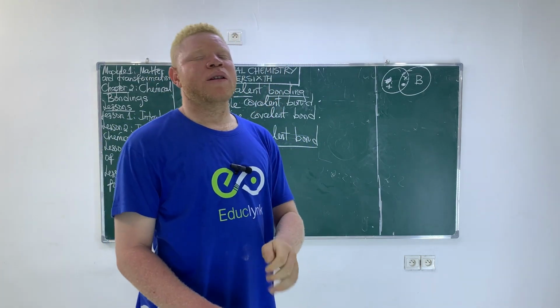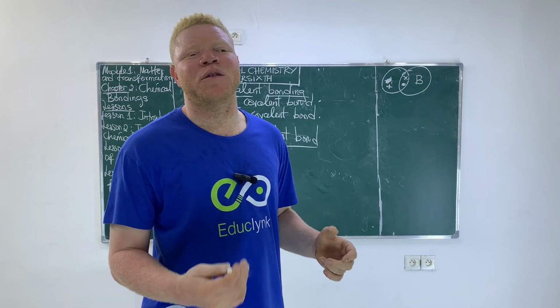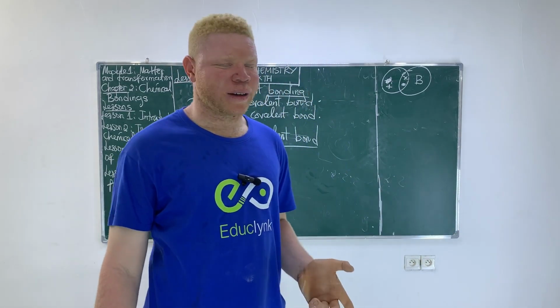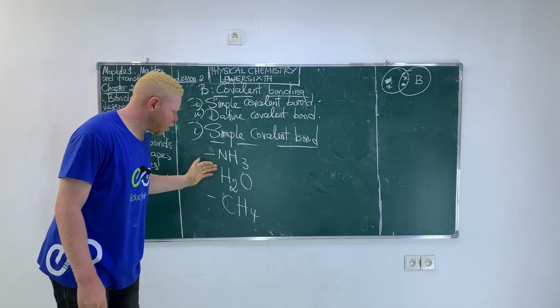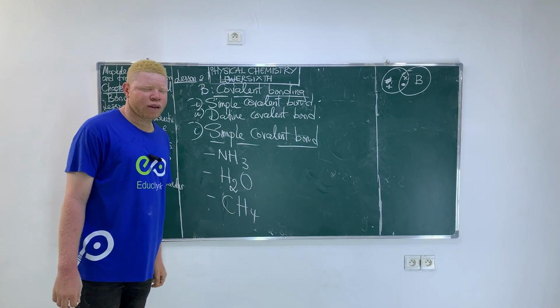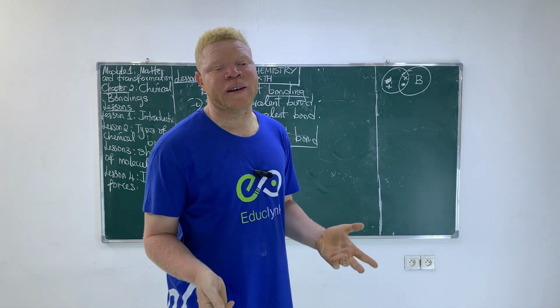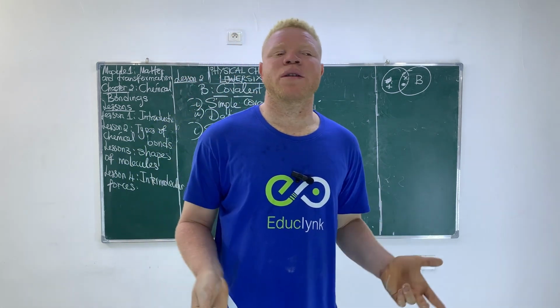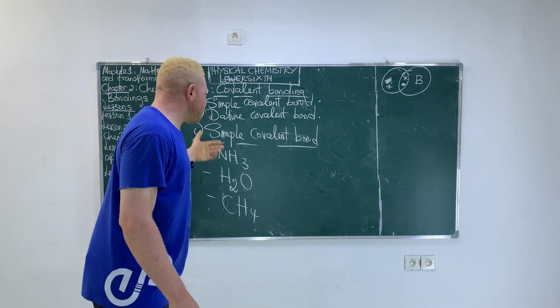That is the difference between a covalent bond and an ionic bond. For an ionic bond, we're dealing with metals and non-metals. But here, we're dealing with non-metals like nitrogen, hydrogen, oxygen, carbon. All of these elements are non-metals, so we're not going to see a metal if we're talking about a covalent bond. These are examples of compounds with simple covalent bonds.